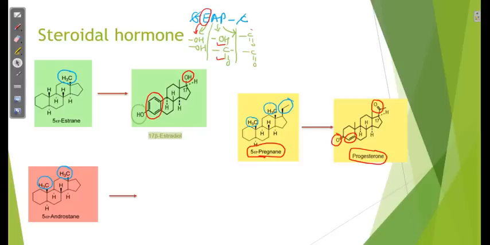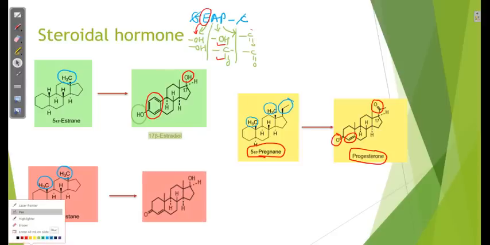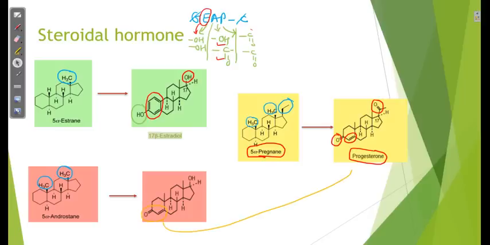So I can say that here they have tried to make this portion easily, taken from the progesterone, and this portion I can say they have taken from the estradiol, and these two positions will make a compound, and this is nothing but testosterone.